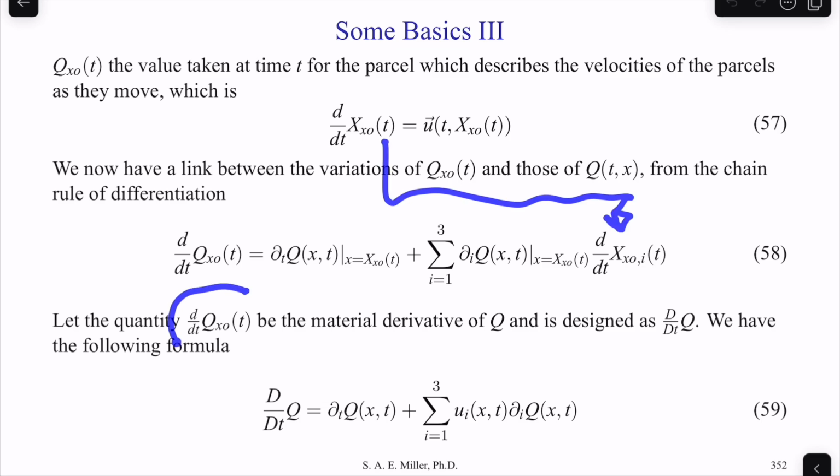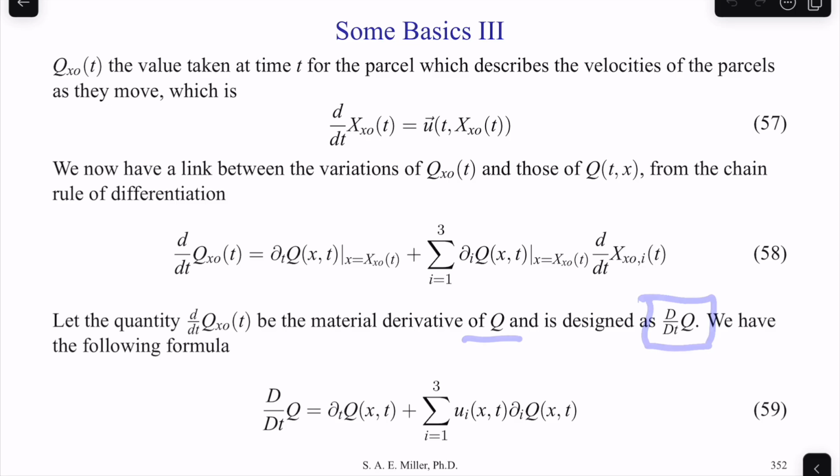Now we'll let d/dt of Q of x naught be the so-called material or total derivative of Q, and we'll designate that with capital D's, as is customary in fluid mechanics.